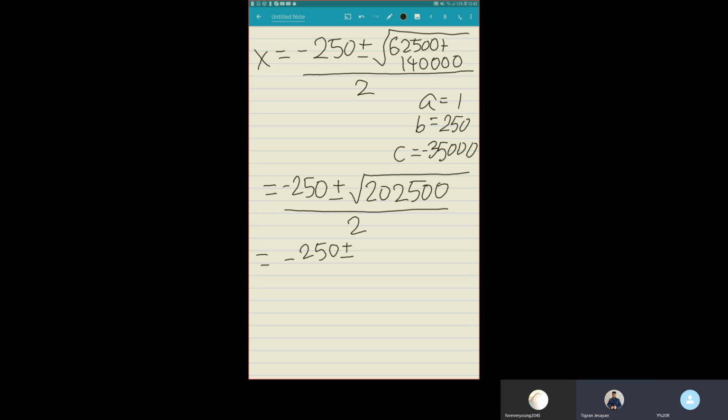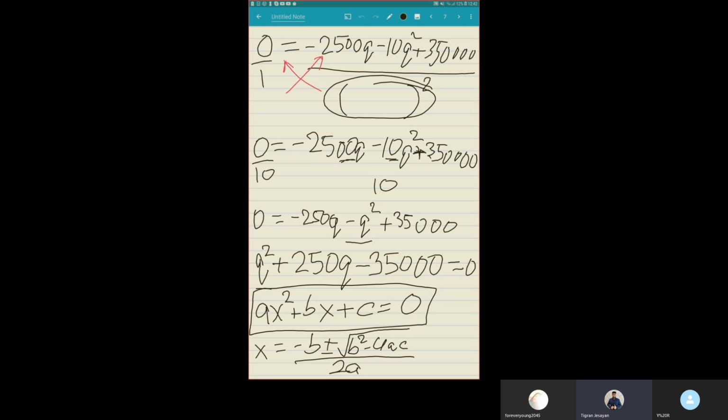Oh, mine is plus. Why is mine plus then? Can you send me the picture on WhatsApp? Of course. When you place everything on the left side, the general equation is everything plus, but in your equation, I think you have plus, plus, minus.